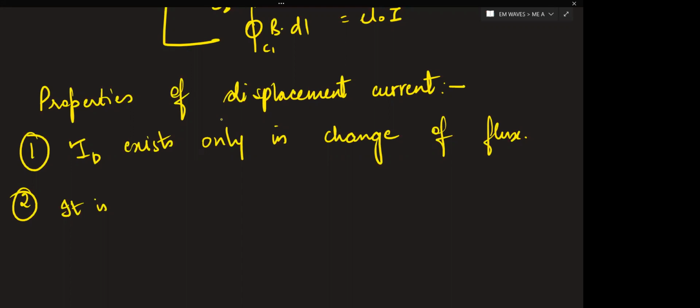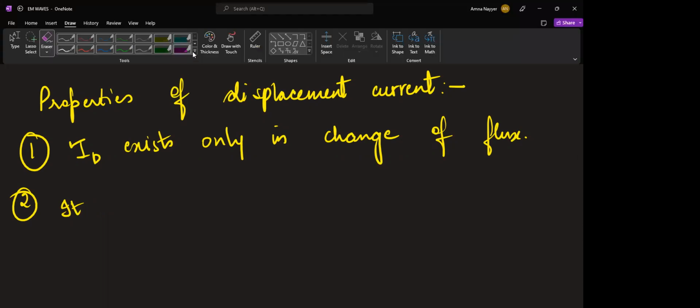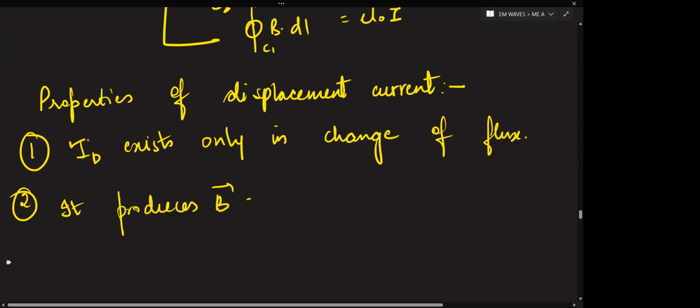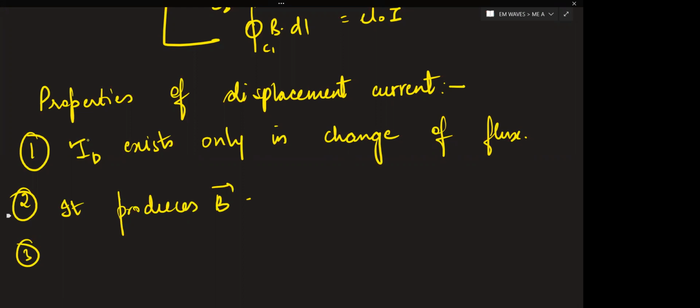So you can write: it produces magnetic field.